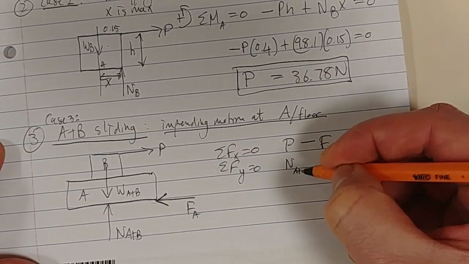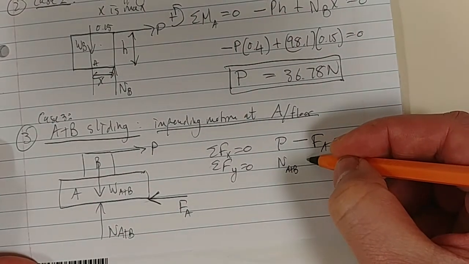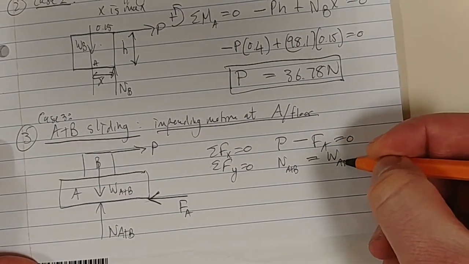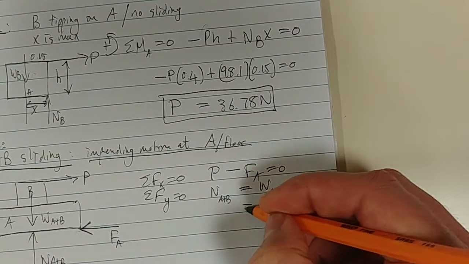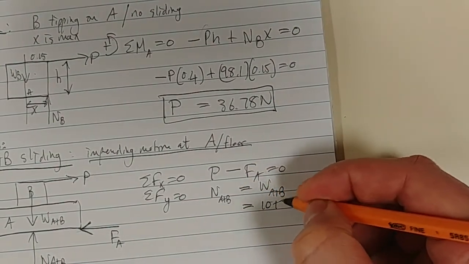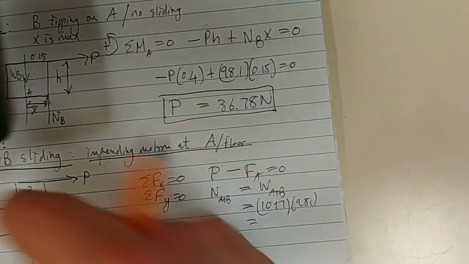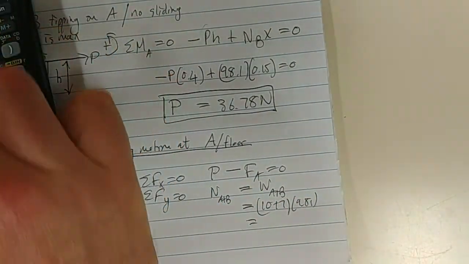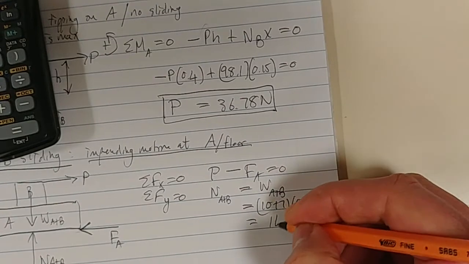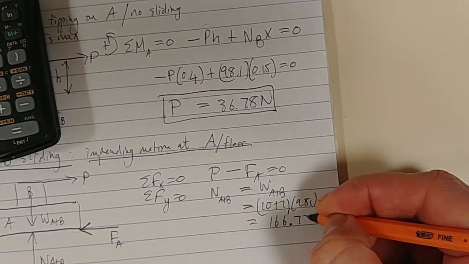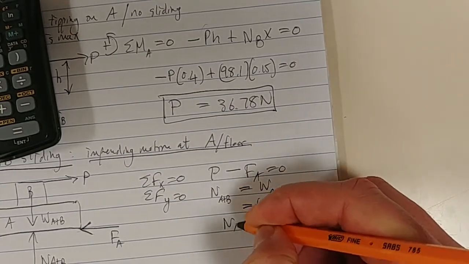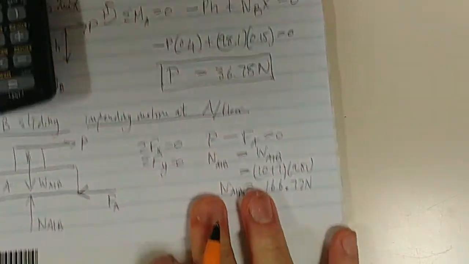Normal force of A and B is equal to the weight A plus B, which is just simply equal to 10 plus 7 times 9,81. 17 times 9,81 gives us 166,77 Newton. That's our normal force there.